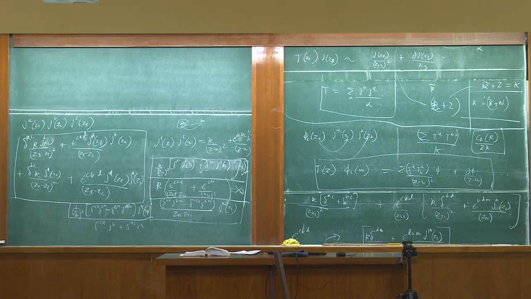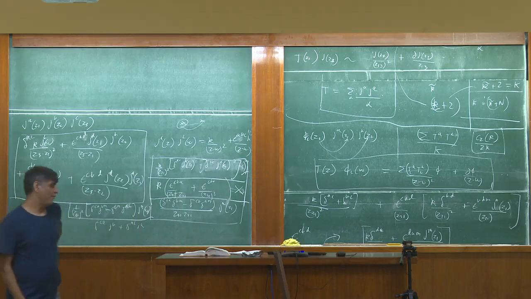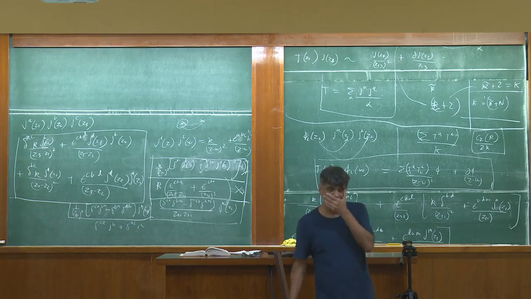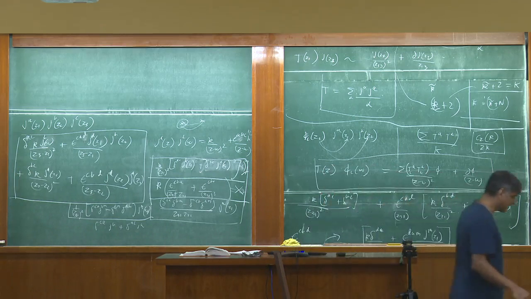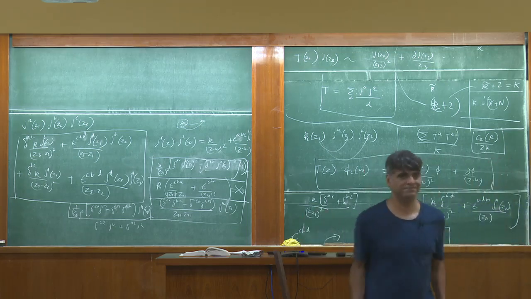Now, your question, Rajat, is what does this mean about some transformation? This is a good question. Let's suppose that phi was a scalar operator, by which I mean it had h equal to h bar.